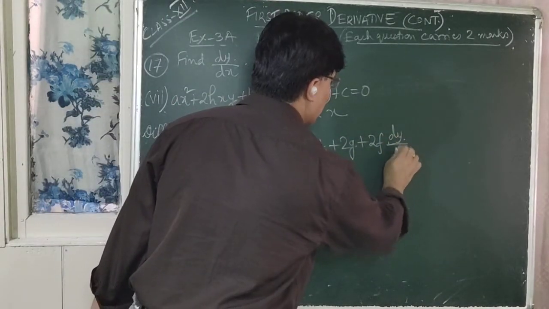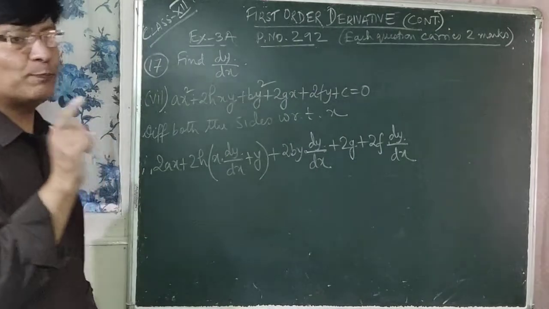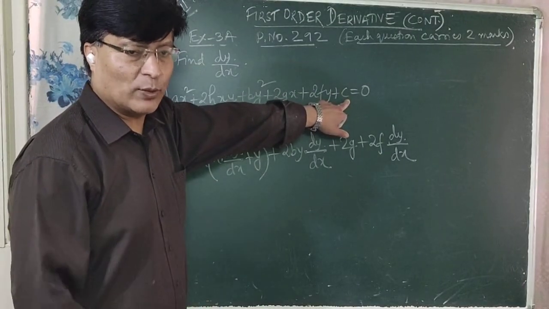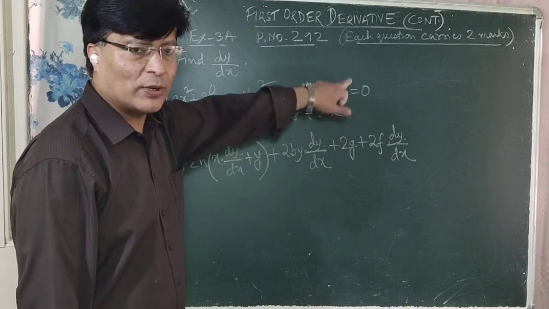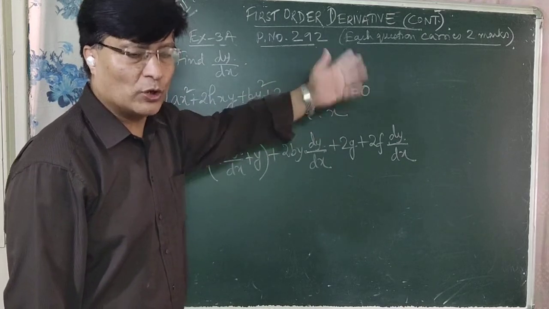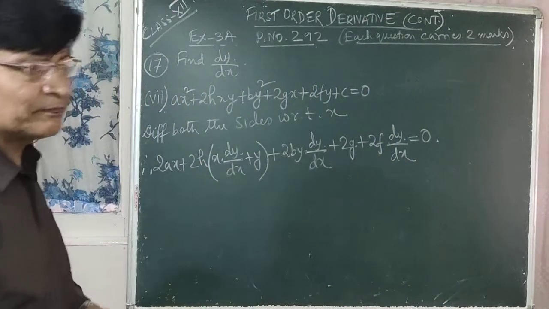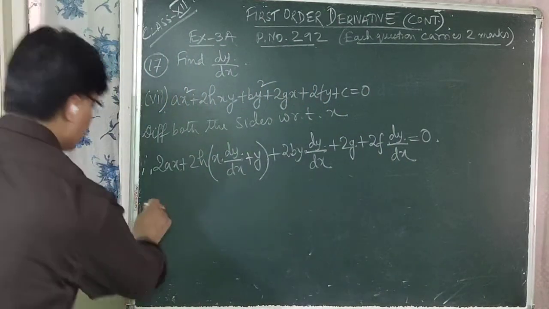It is dy by dx. Now plus c is there, only c is there, no variable out there. What is the differentiation of c? What is dy by dx of c? That is 0. Do not write it, which is equal to 0. Is that clear?